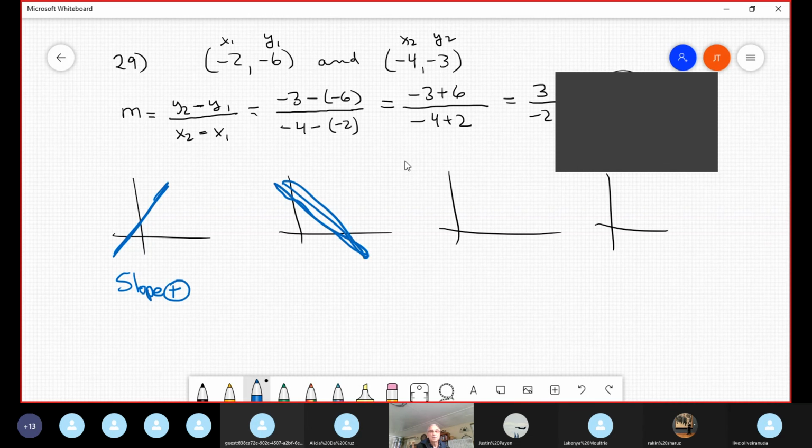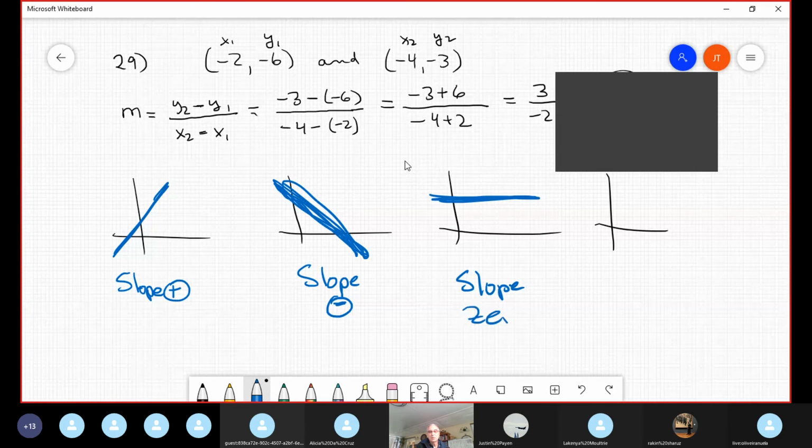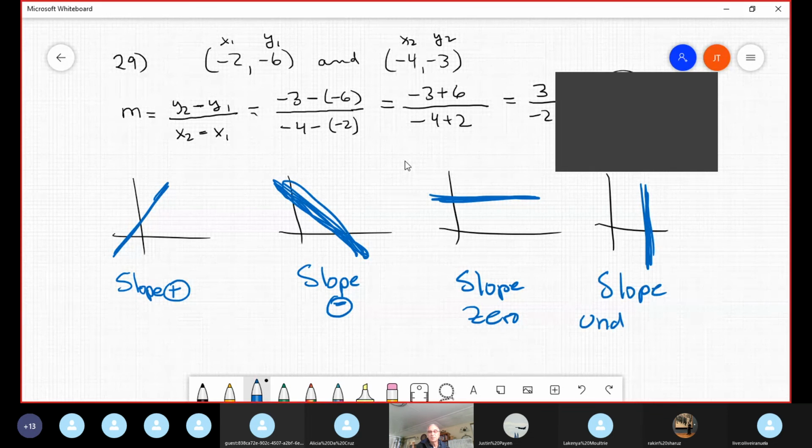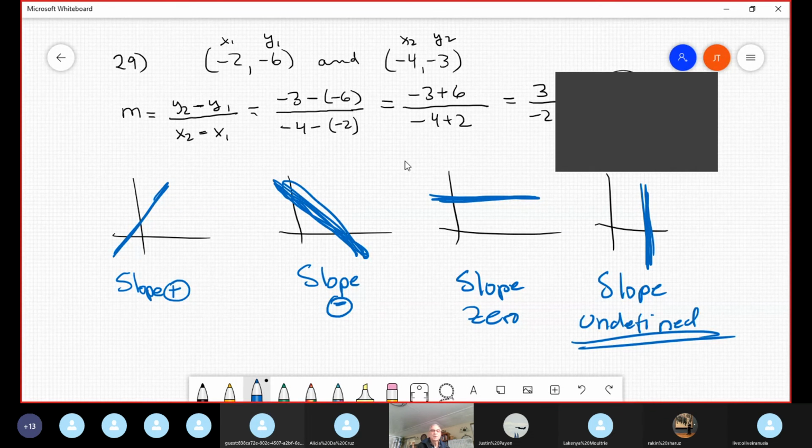One line like that, the slope is negative. One line like that, horizontal, slope is 0. One line like that, vertical, slope is undefined. Good? This is the interpretation of the slope.